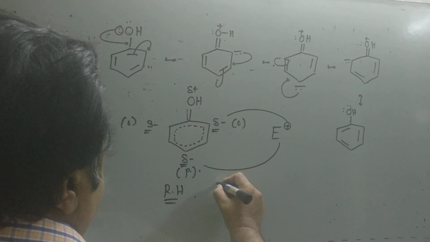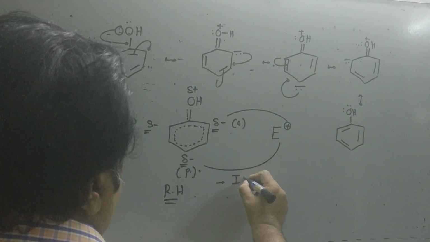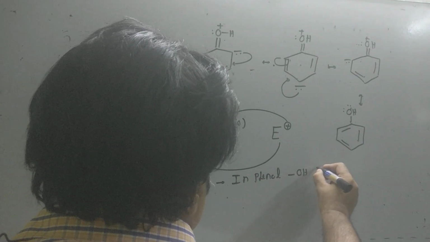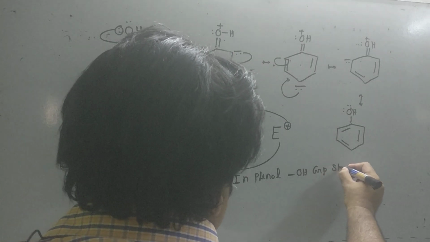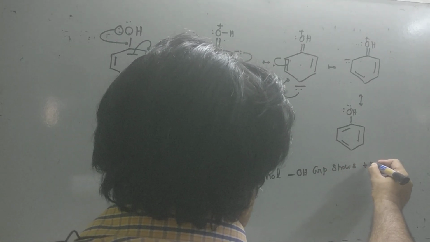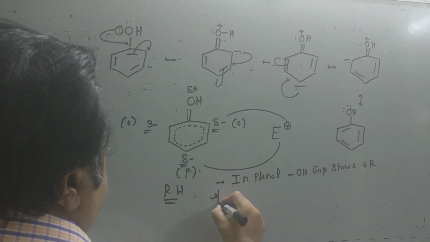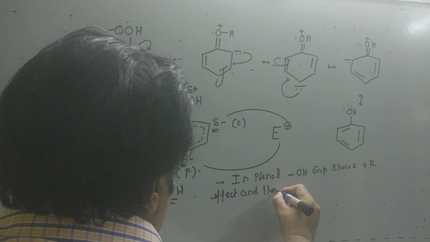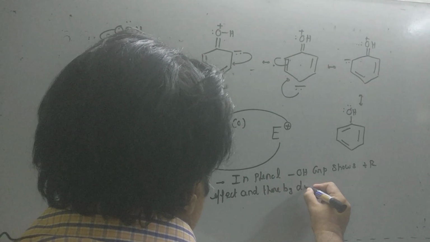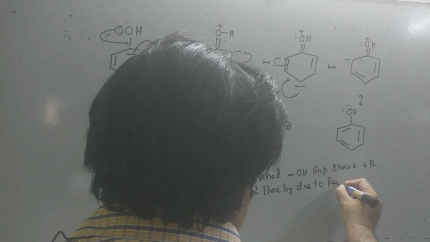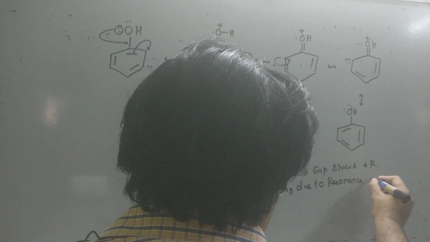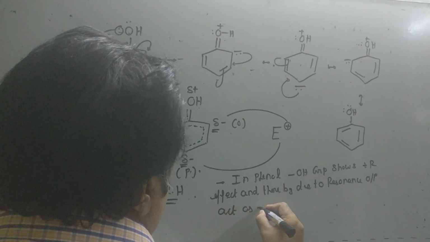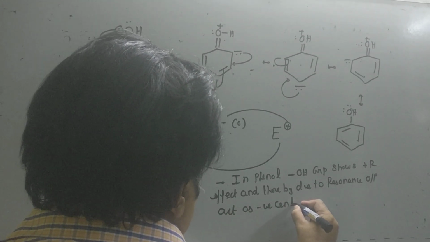So the first thing we can write down is: in phenol, as I told you, the OH group shows plus R effect, and thereby, due to resonance, the ortho and the para positions act as a negative center.